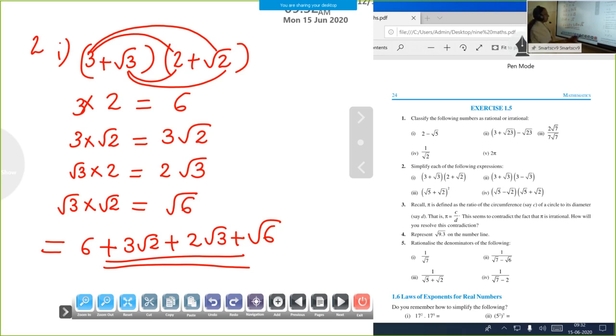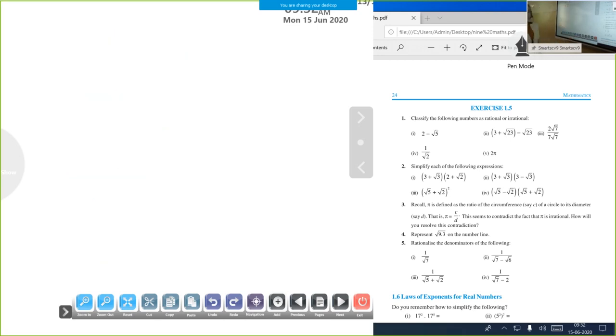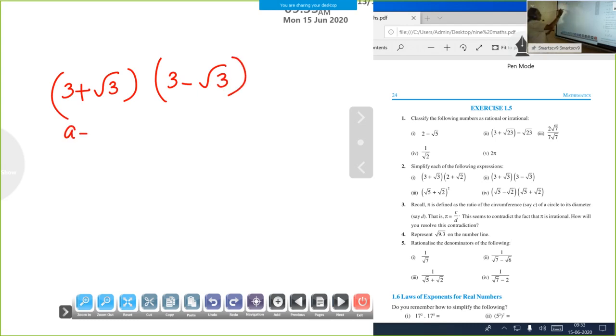Second one, 3 plus root 3 into 3 minus root 3. So this is of the form a plus b into a minus b.